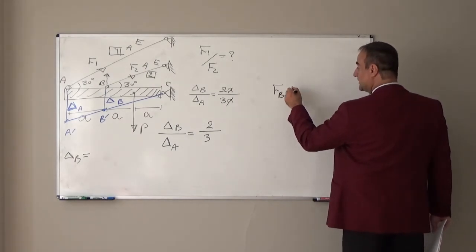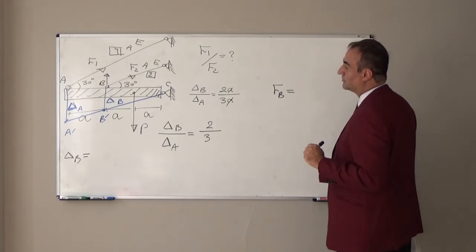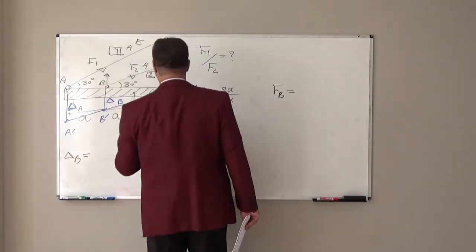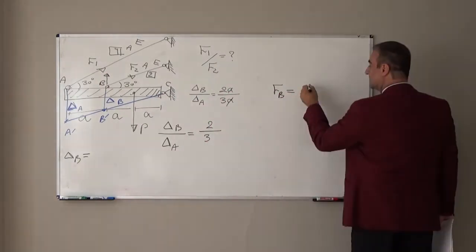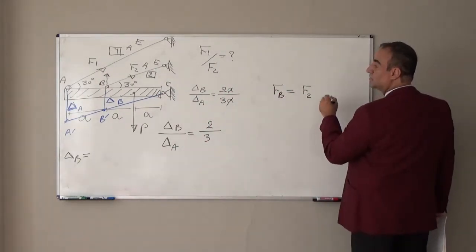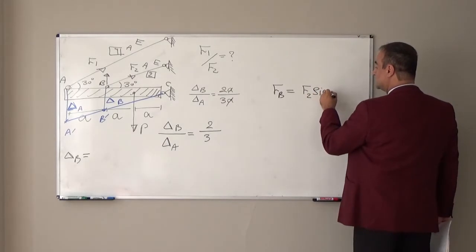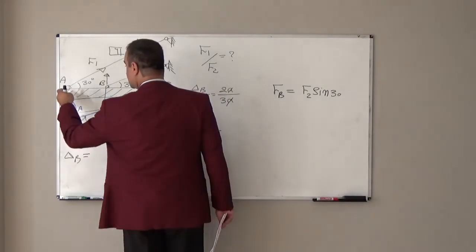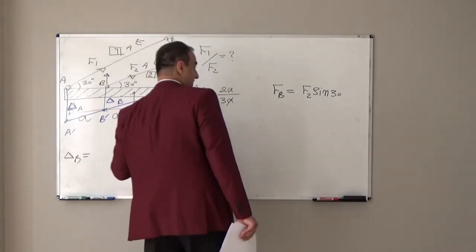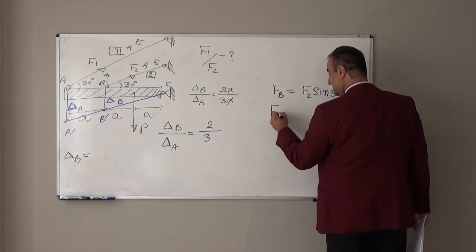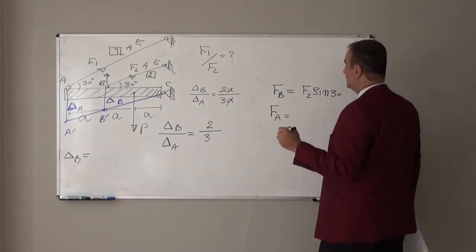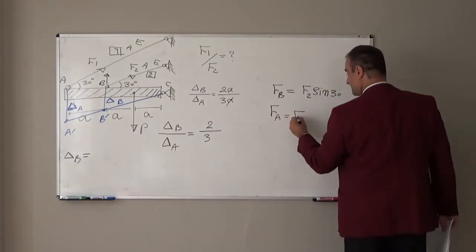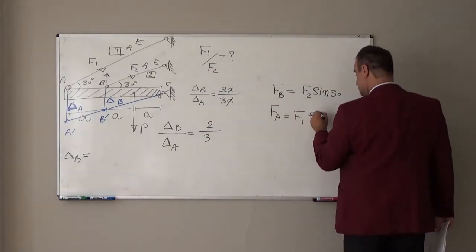FB will be equal to the vertical component of F2. It will be F2 sine 30. How about the force here at point A? FA will be F1 sine 30.